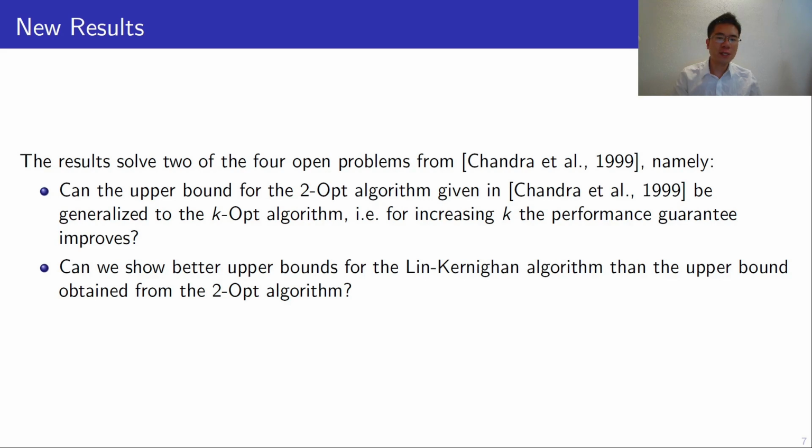And the second question is, can we show better upper bounds for the Kernighan algorithm than the upper bound obtained for the 2-opt algorithm? In our case, our analysis yields an upper bound of cube root of n for the original version of the Kernighan algorithm, while the trivial upper bound we obtain from the 2-opt algorithm is square root of n.